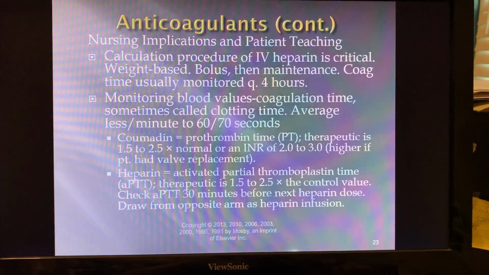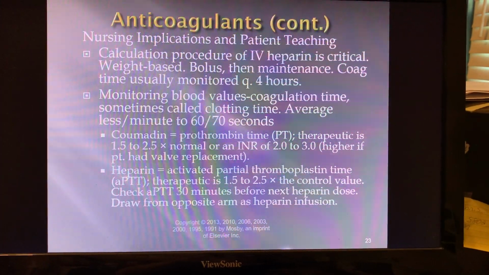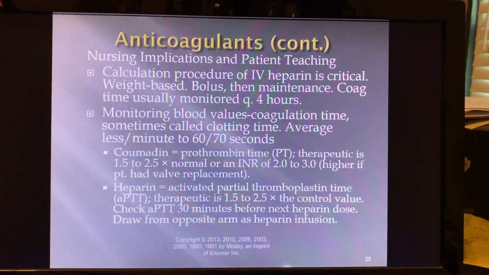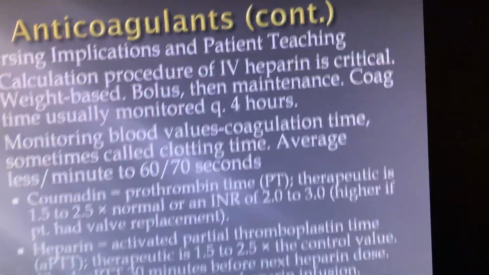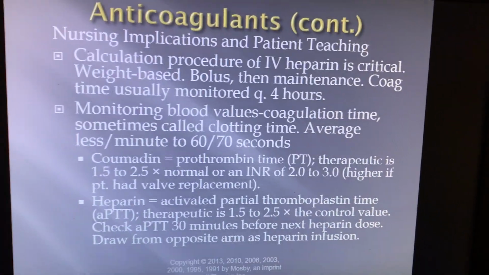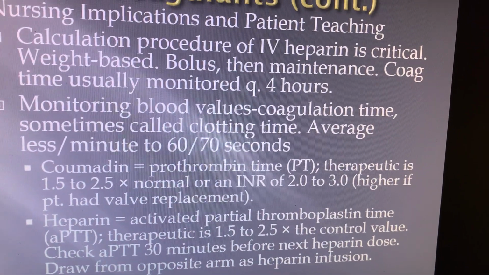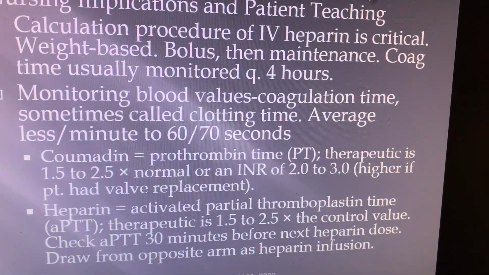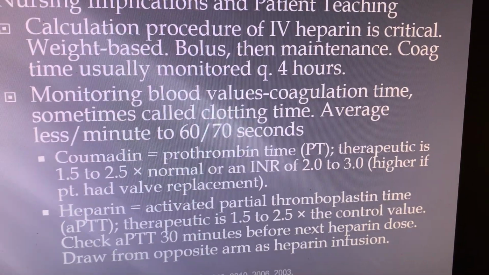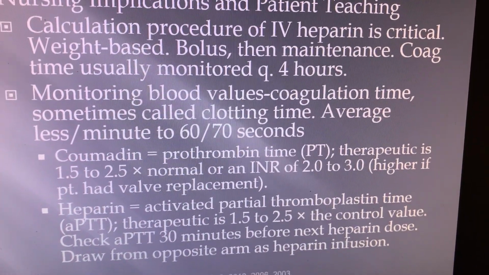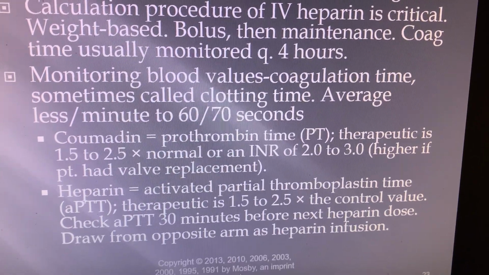So let's look at both Coumadin and heparin. Coumadin, remember, uses PT or prothrombin time. So we said that the average PT is 11 to 13 seconds.